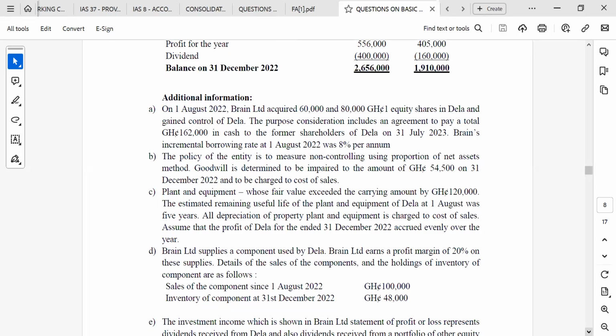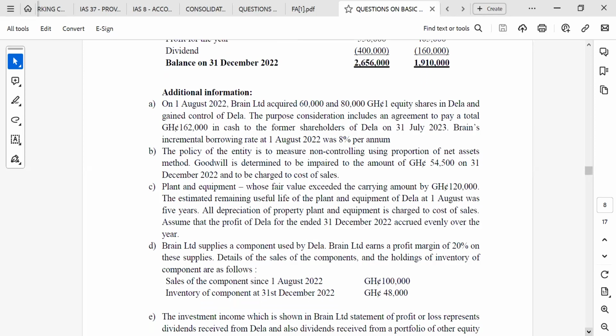You don't have to go and do any workings for net asset unless the question is asking you to calculate the goodwill yourself. Because the only thing that you need to calculate using the net asset is goodwill. Okay. But now they have given you the impairment of the goodwill. So you don't have to go and do anything.